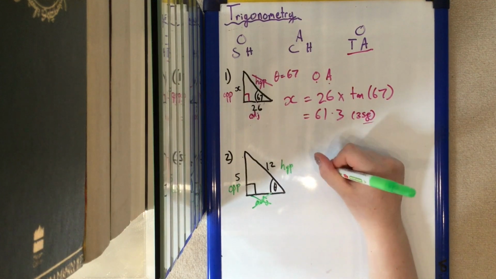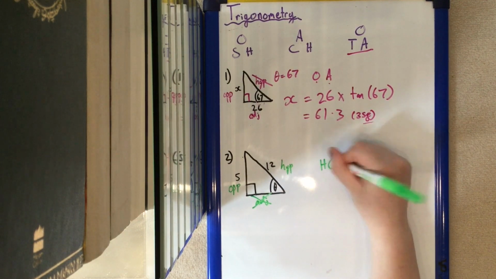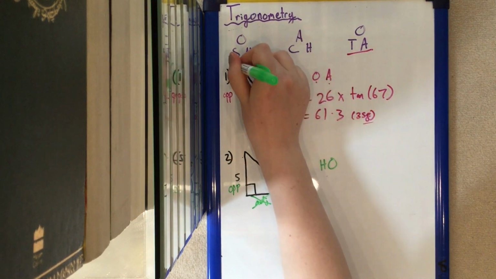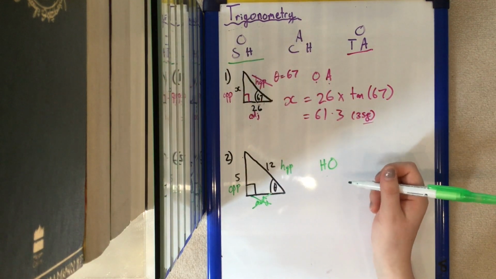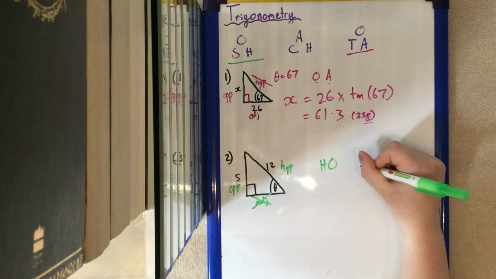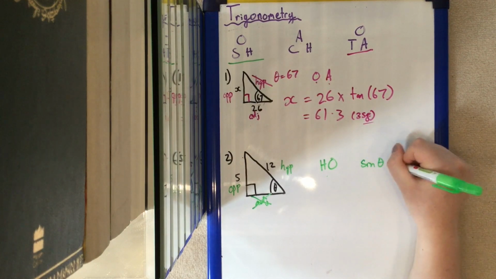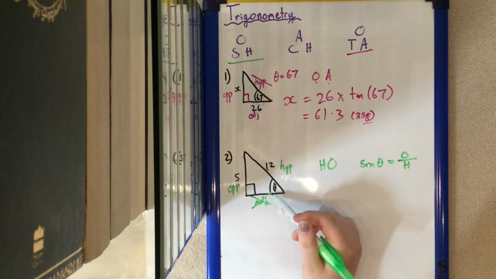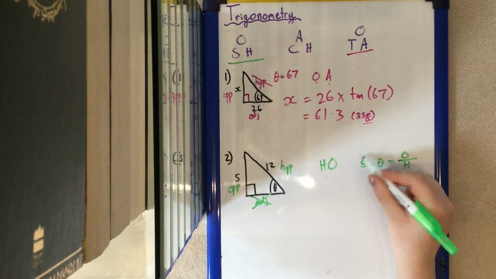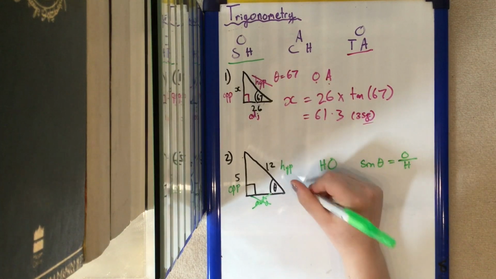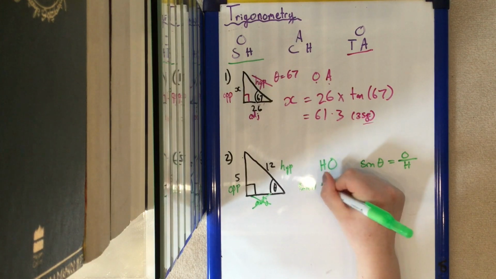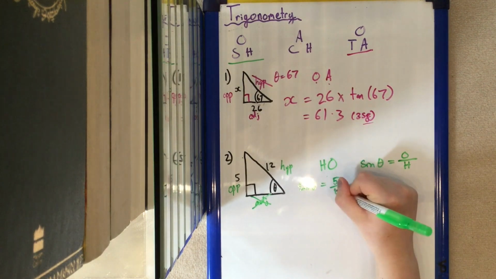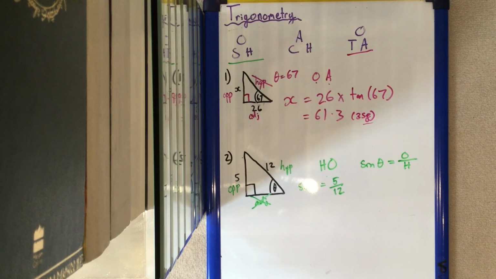The 2 sides I'm dealing with are the hypotenuse and the opposite. Looking back up here, I see that it's the SO, which sounds a bit weird to say, but the SO that contains this, so sine theta is my opposite over my hypotenuse. Now in this case, I'm looking to find theta, so I can use this equation as it already is. Sine theta is going to be 5 over 12. Now that's all well and good, but I need to find theta, not sine theta.